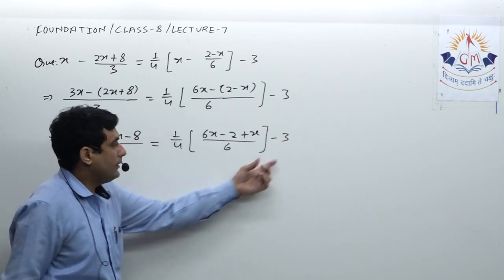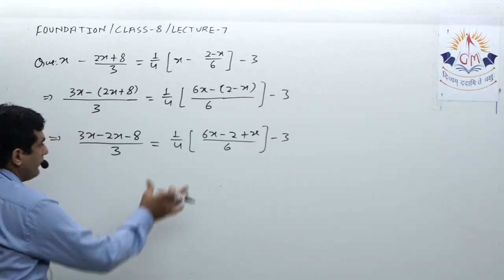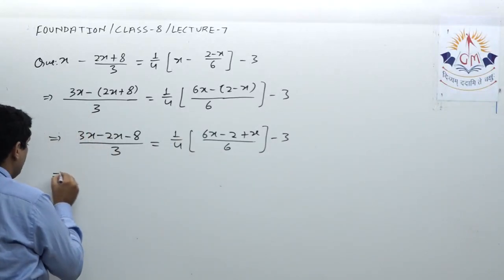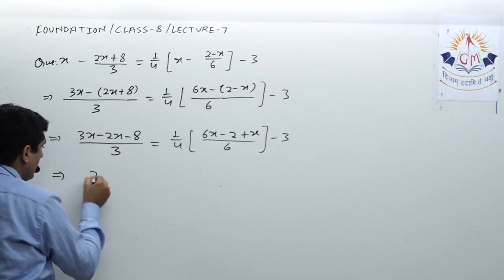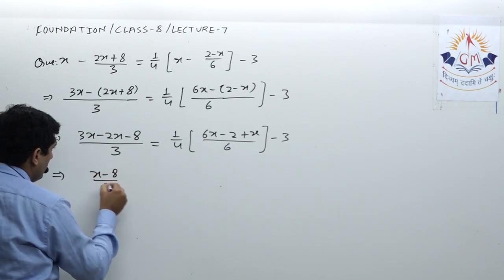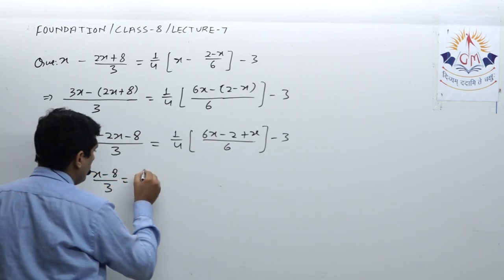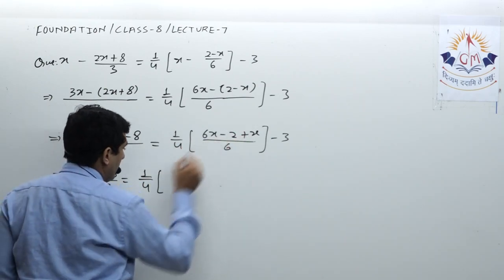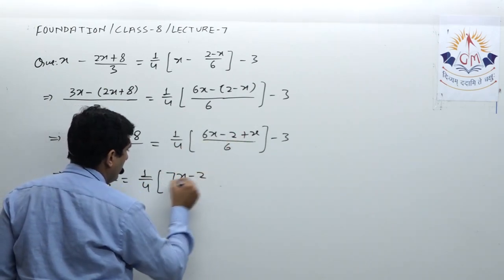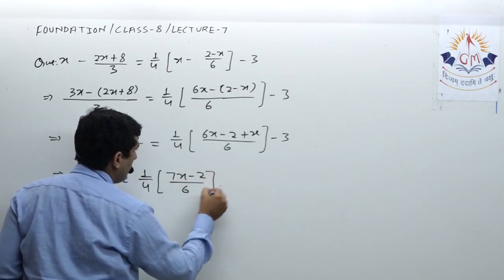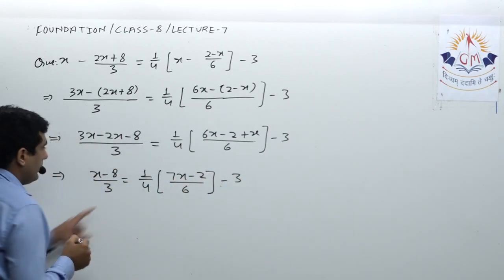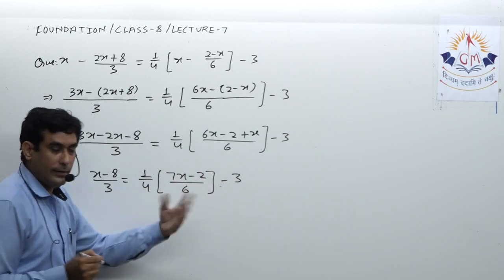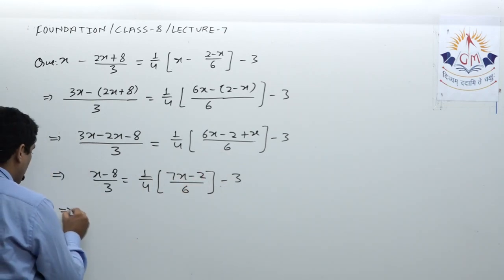Again I have to take LCM for this 3, but first I will simplify this. So here this is x minus 8 upon 3 is equal to 1 upon 4. Now 6x plus x, 7x minus 2 upon 6 minus 3. Now I will multiply this and next step I will take the LCM.